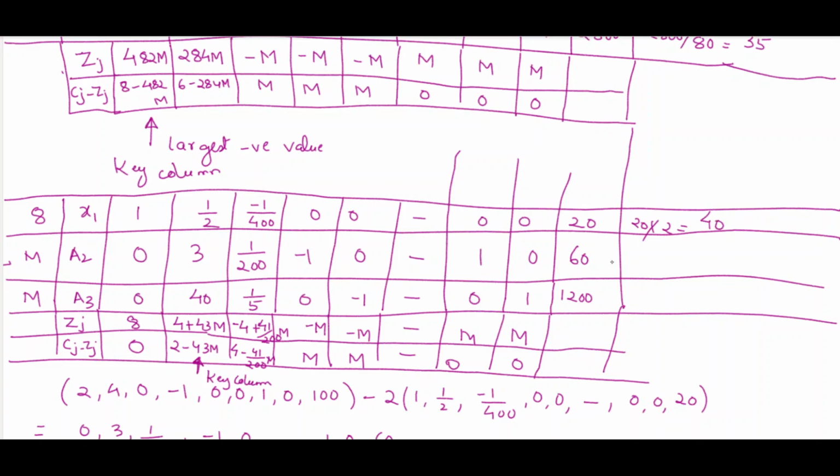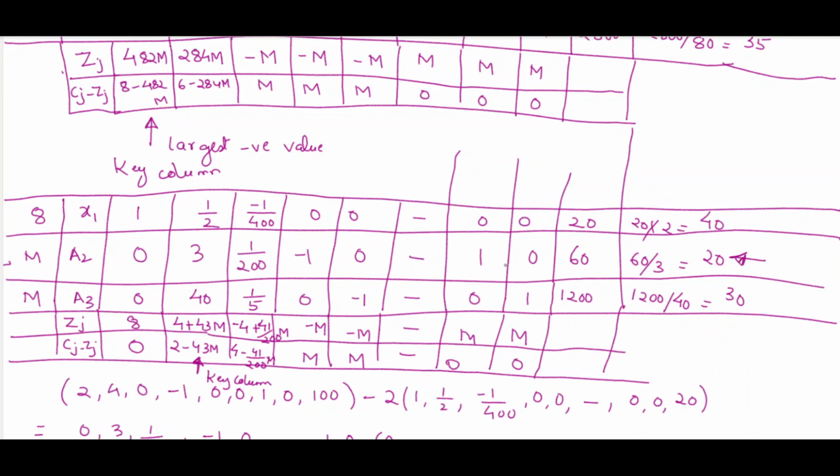Similarly, 60 divided by this 3, so 60 divided by 3 is equal to 20. Similarly, 1200 divided by this column, 40, you will get 30. So minimum ratio is 20.